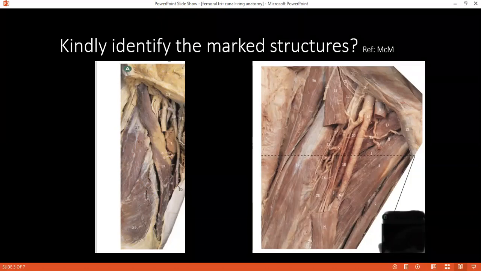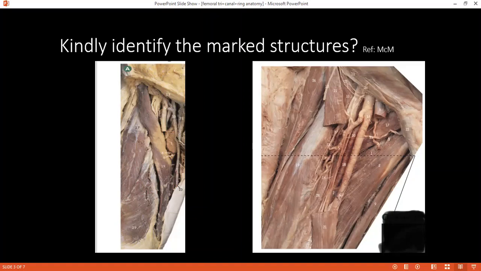The most medial compartment constitutes the femoral canal. The medial one contains the femoral vein, and the lateral one contains the femoral artery.